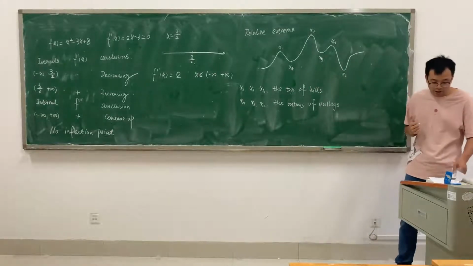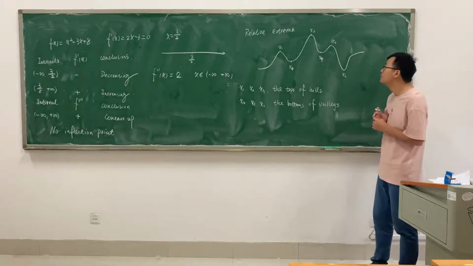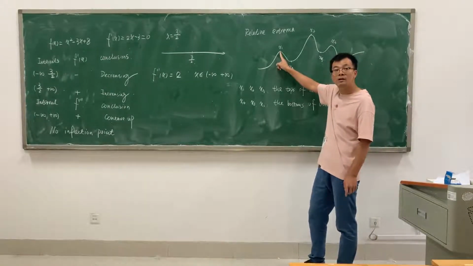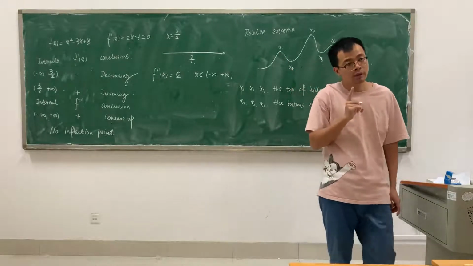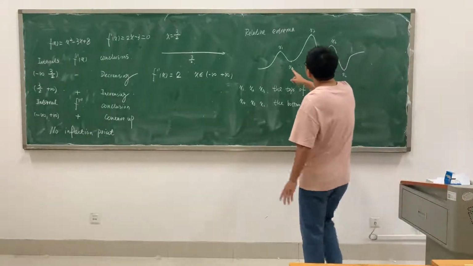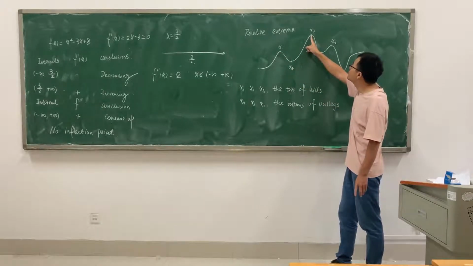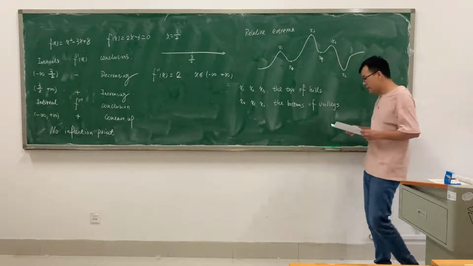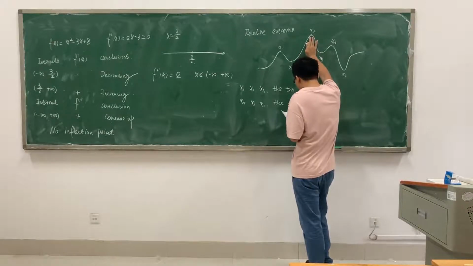So here we can see this point, the first and the second point, x1. This point is the high point nearby. Here it is the same, x2 is also the high point, the high point relative to nearby terrain.